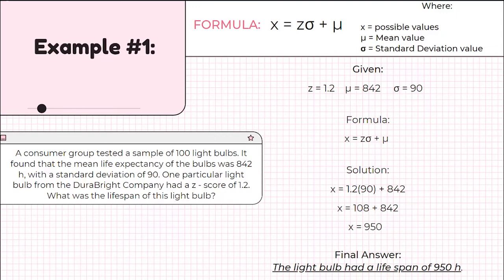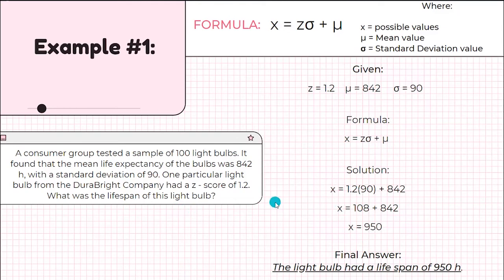So, the given in this example are the following: z value, which is equal to 1.2, the mean 842, and the standard deviation of 90. So we will use this formula in computing for the x value or the lifespan of this light bulb.